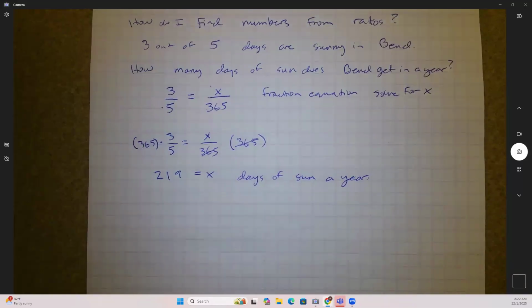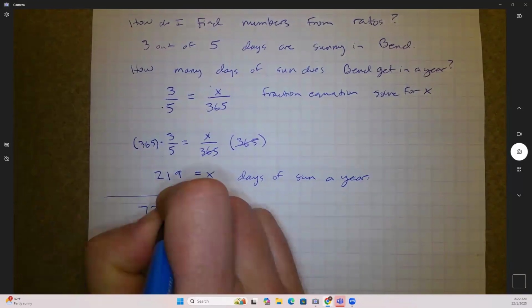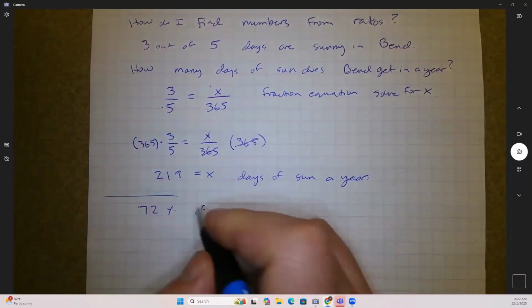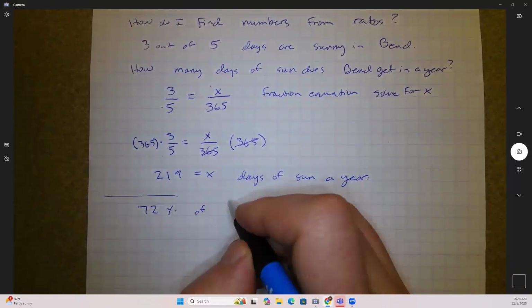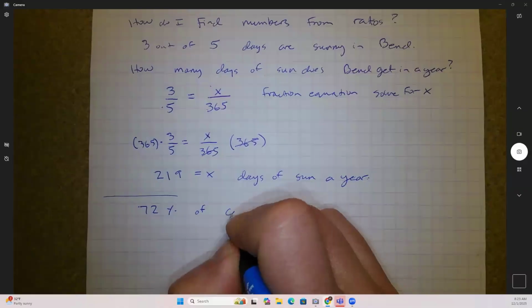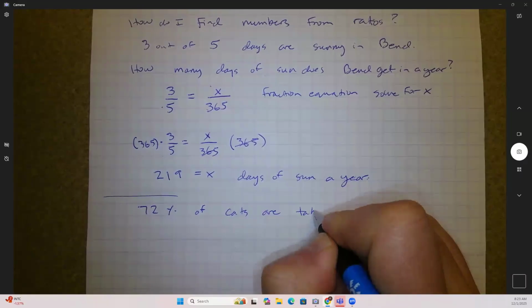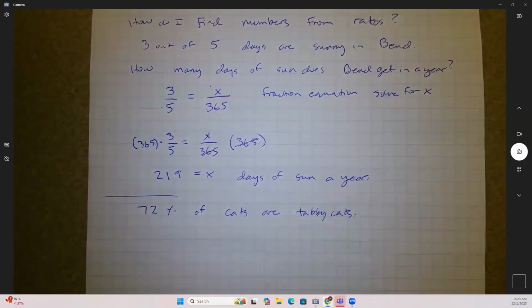Often we find numbers from percentages. 72% of, I just picked that number randomly, let's see, 72% of cats are tabby cats. Sure.